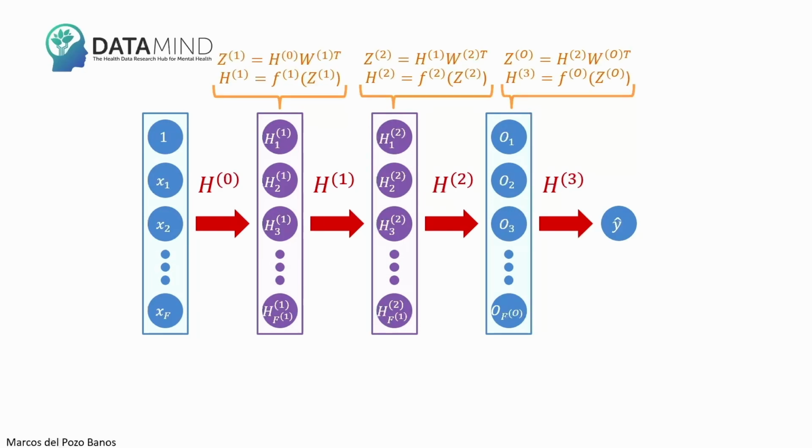Now, what's going on inside that? Each layer does exactly the same as what goes on in the perceptron, but multiple times, one time for each neuron in the hidden layer. So we have the same intermediate values Z, and then we apply the activation function to those intermediate values.